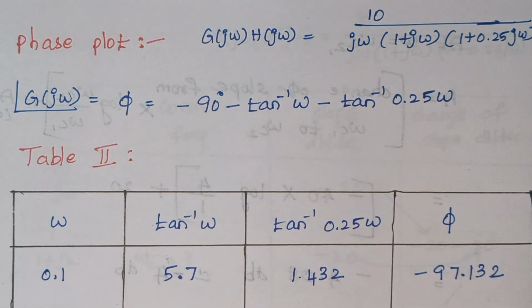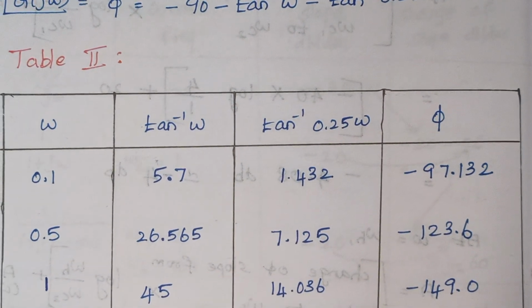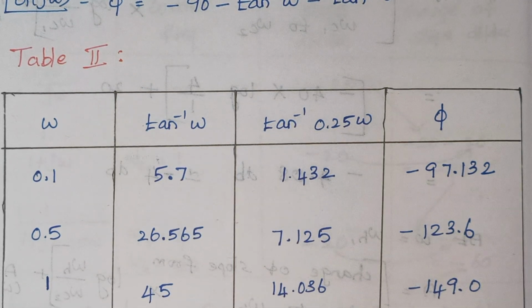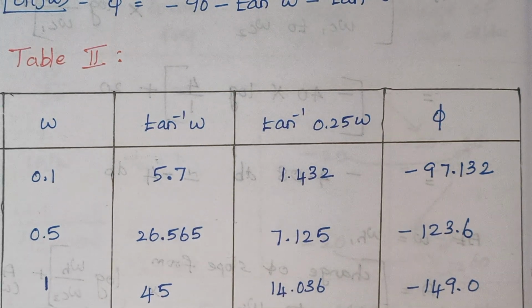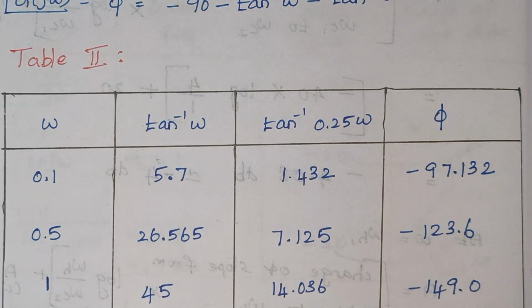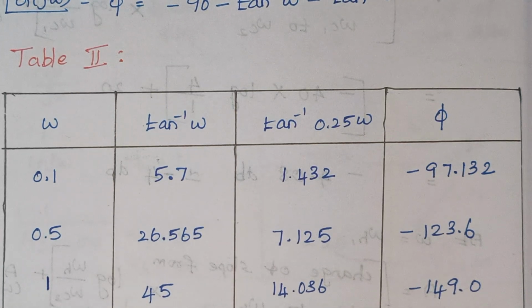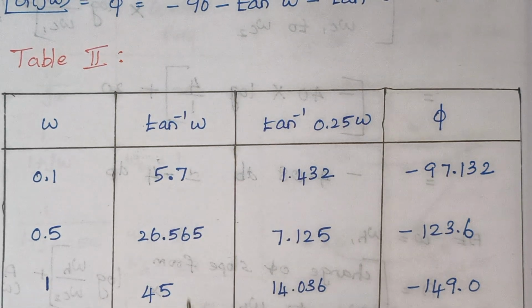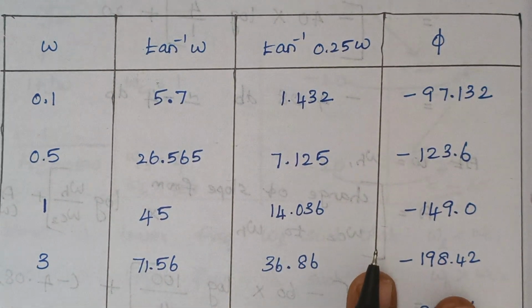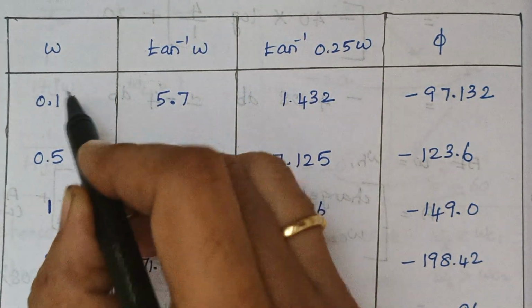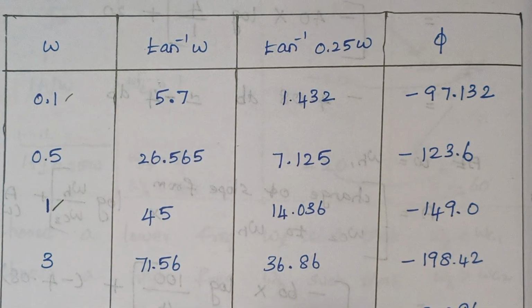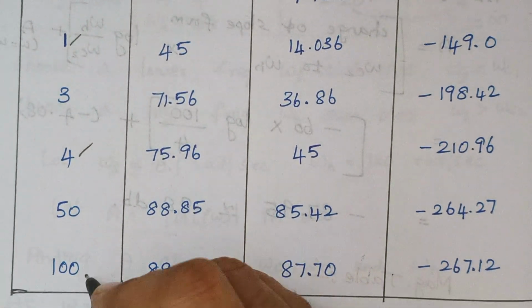Now we are going to form our table number 2. It is mandatory to include all the values of frequencies which we have used to calculate the magnitude. For calculating magnitude, we had used 4 different values of frequencies. So you must include those frequencies here, and you can even include the in between values, higher values, etc. In the previous table for calculating magnitude, we had included this 0.1, 1, 4, and finally this 100.